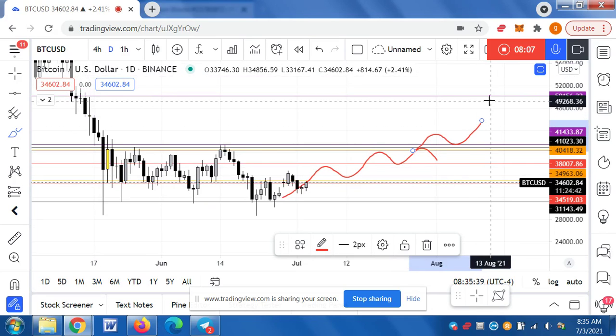But that's the basic gist of how I define ranges, how I trade price action, and how I ladder and stack my bids and asks in order to optimize my trades.